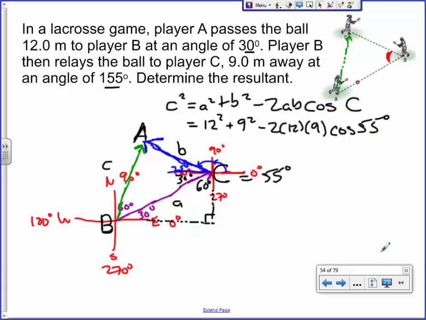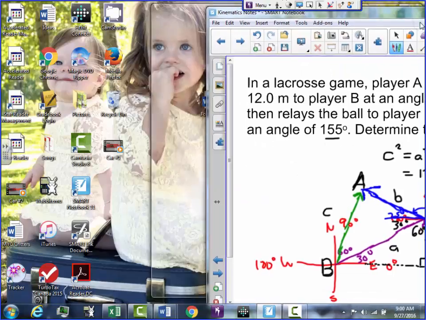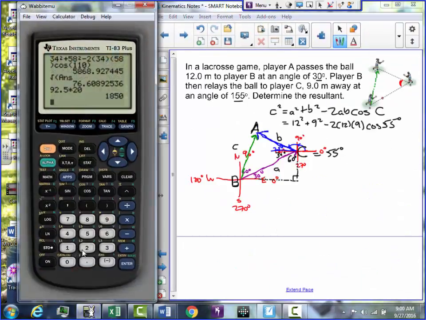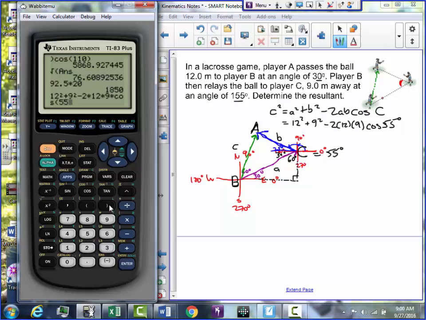Well, now it's just a calculator problem. So you take 12 squared and 9 squared, the Pythagoras theorem part of it. But since it wasn't a 90-degree angle, you got to go 2 times 12 times 9 times the cosine of 55.